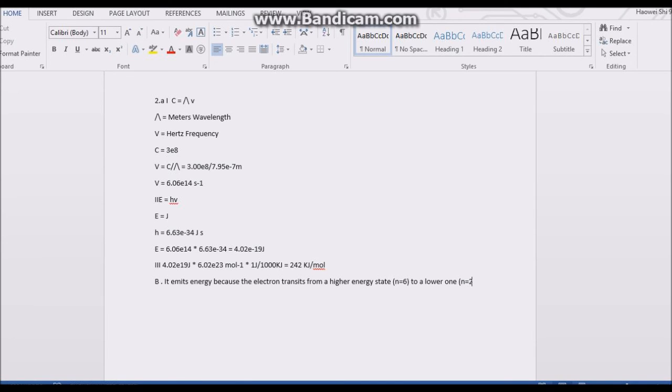So as the n number increases, the energy increases.